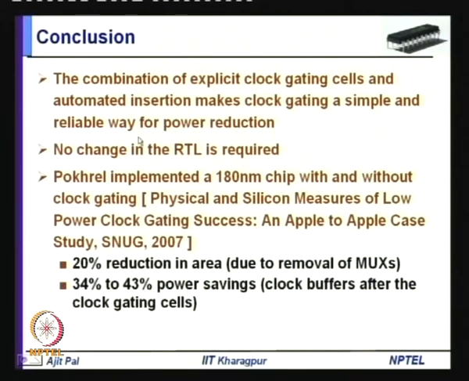That means, nowadays the designer can incorporate explicit clock gating at module level, and automated insertion can be done by the tool, making clock gating a simple and reliable way for power reduction. Earlier, when tools and techniques were not available, using clock gating was a very difficult task, because I have already mentioned various challenges, and as a consequence it was not very reliable.